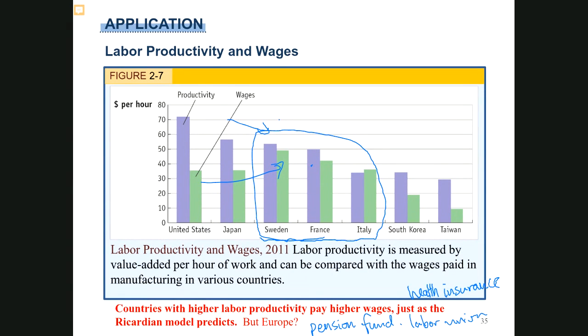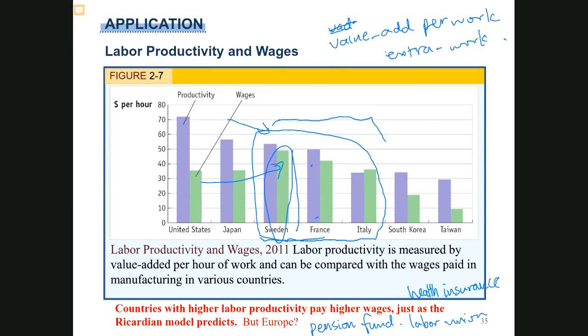So empirically, the data shows that in some of the European countries, their productivity is lower than America, but their wage is actually higher, because it's not only the value added per worker, you have to include the extra benefits of the worker.